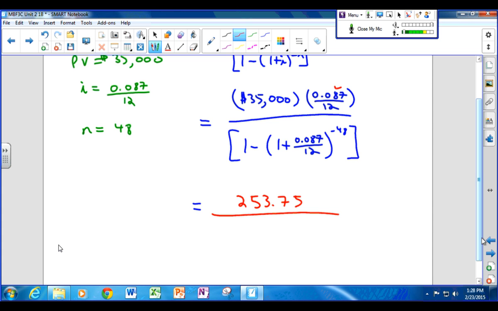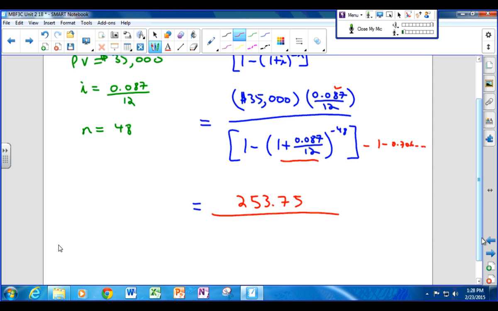All right, so I'm going to do the stuff in brackets first and work that way. 0.087 divided by 12, plus 1, to the power negative 48. Make sure that's negative. And basically what I have is 1 minus 0.706 and a bunch of other decimal places.